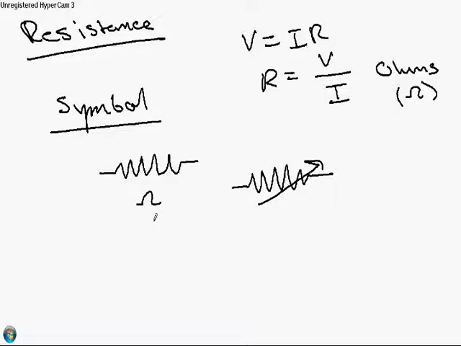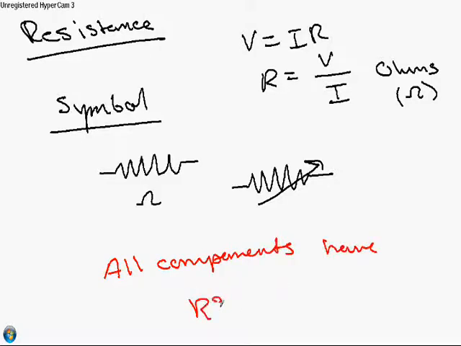When we're talking about resistance, we don't just care about the component that is the resistor. And this is extremely important. It's so important, I'm going to write it in red. All components have resistance.